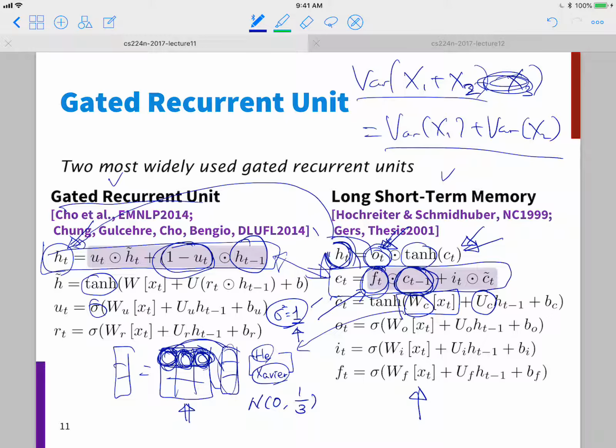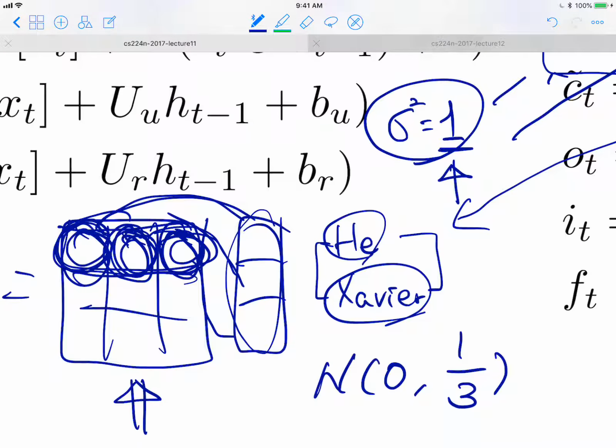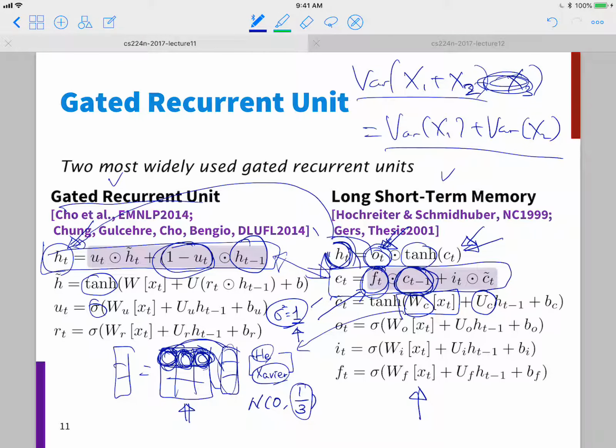I mean, assuming that x1 and x2 are statistically independent. So the variance will become large, and thus we have to use a correspondingly smaller variance in order to make these values remain around 0 so that we can avoid the saturation of these nonlinear units.